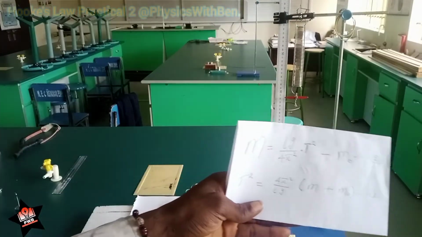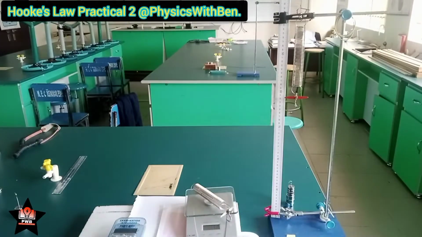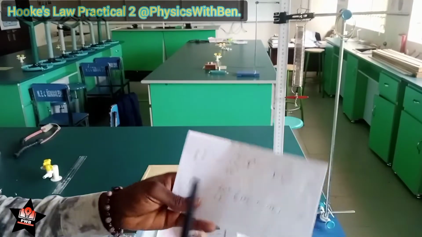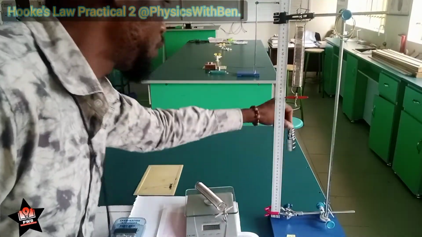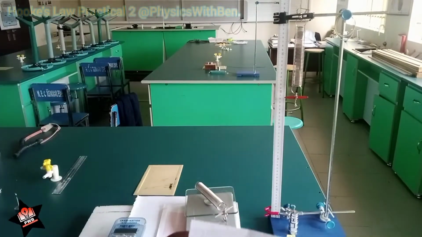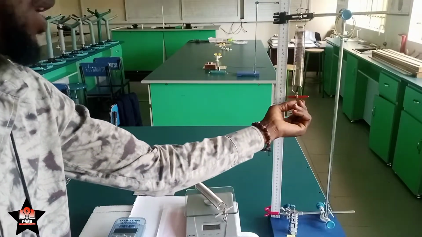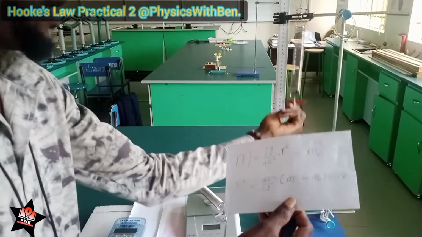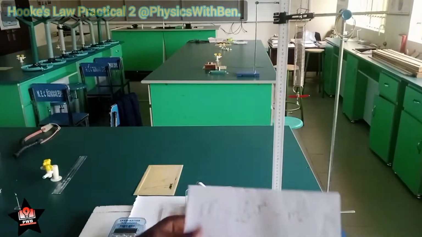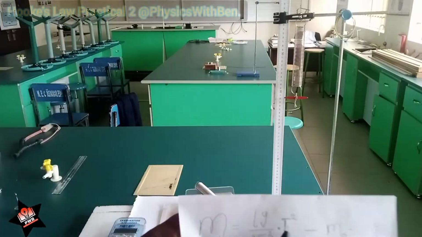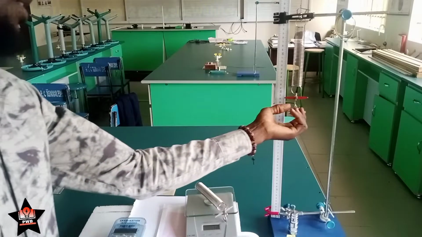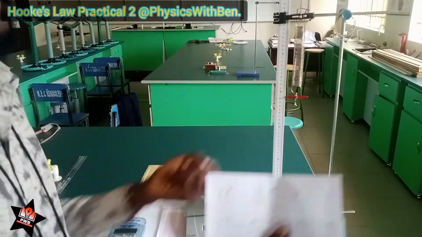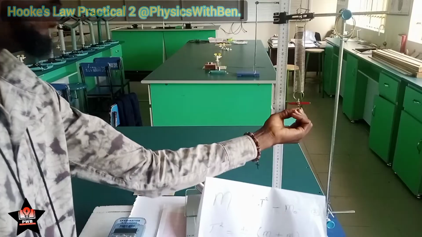So m naught, which is the mass of the unloaded spring, is 52 grams, where m would be the slotted masses and L will be the extension produced at different levels, and G the acceleration due to gravity acting on the spring and on the weight in the downward direction, while T squared stands for the period of oscillation, the time it takes, the time per number of oscillations, the time to go down and to go up. That is that for that.